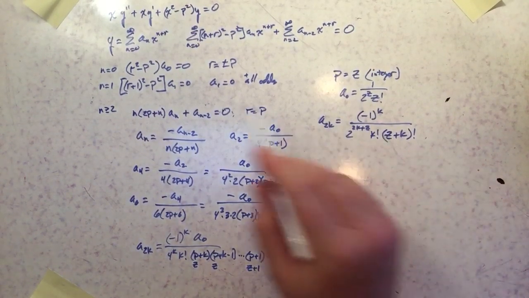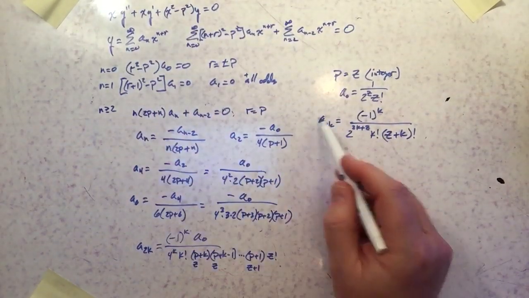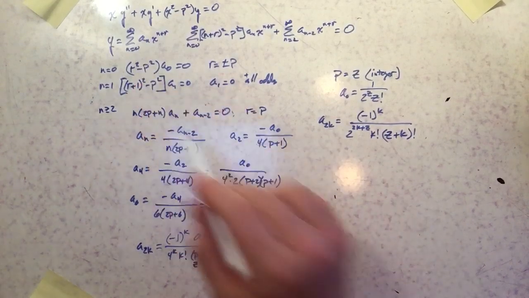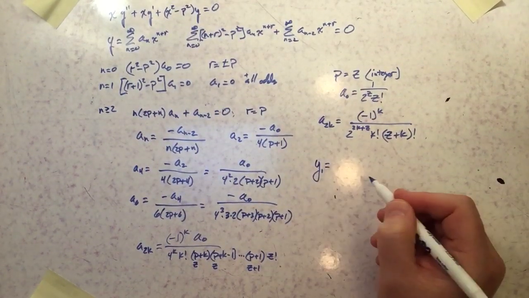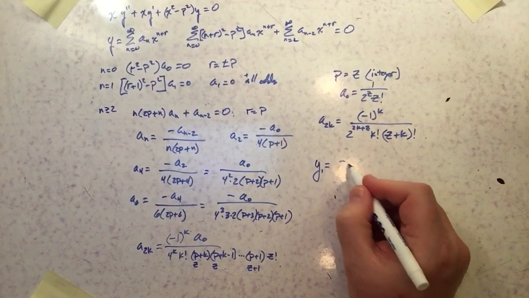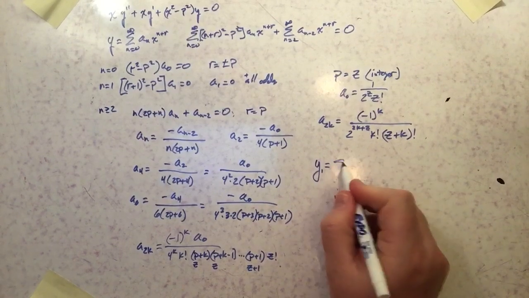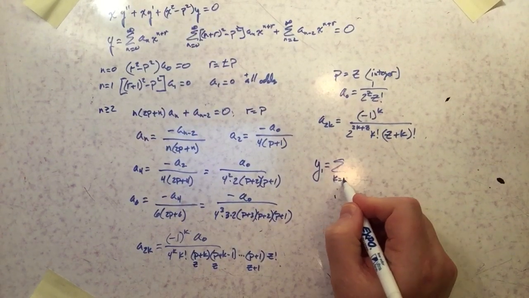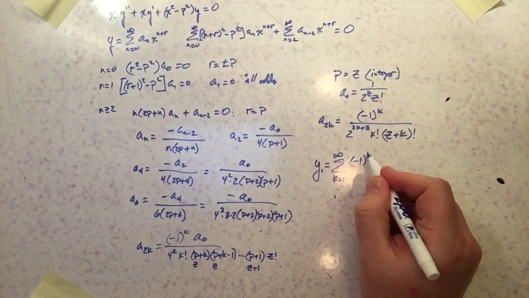Now let's fill in what the original series said was the solution, because now that I have my general a, I can replace that. So y, which is really y1, the first solution, is equal to the summation, k equals 1 to infinity, of negative 1 to the k.